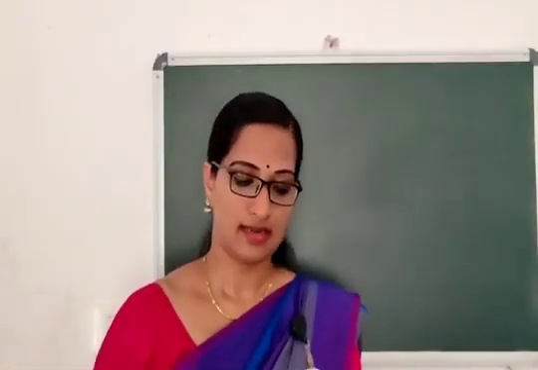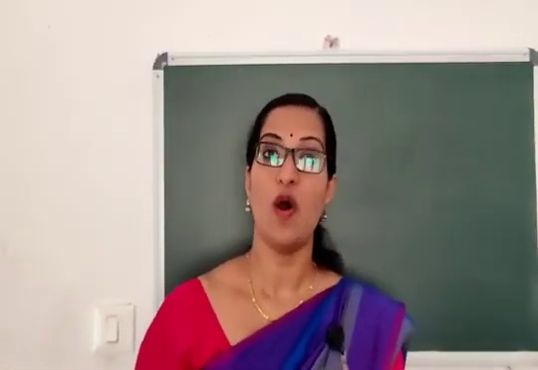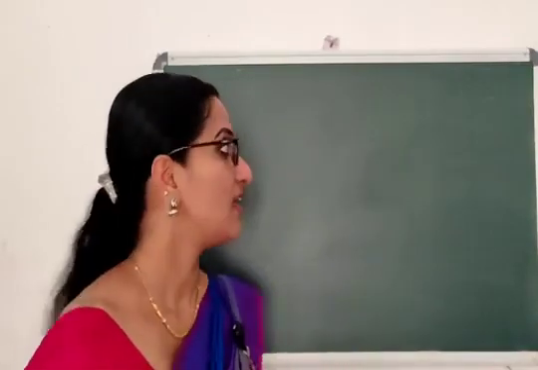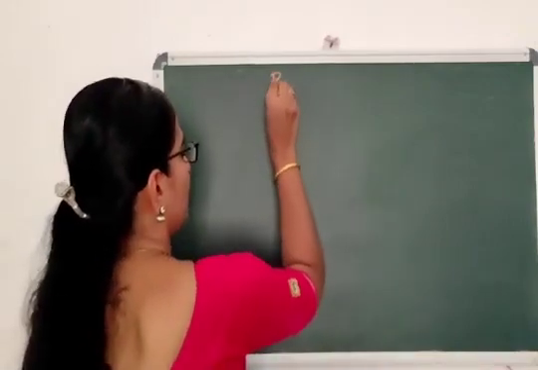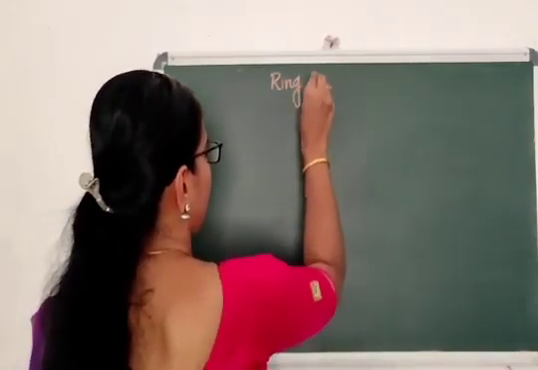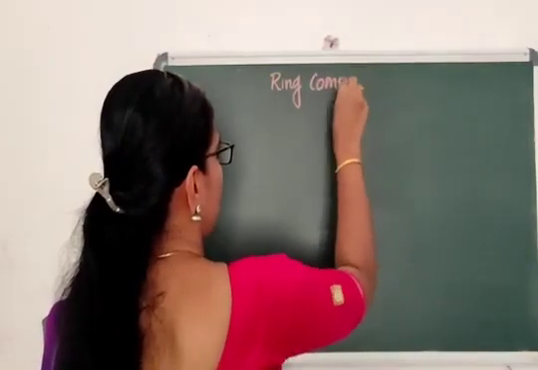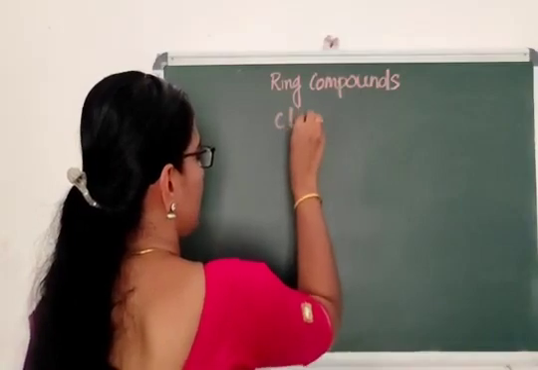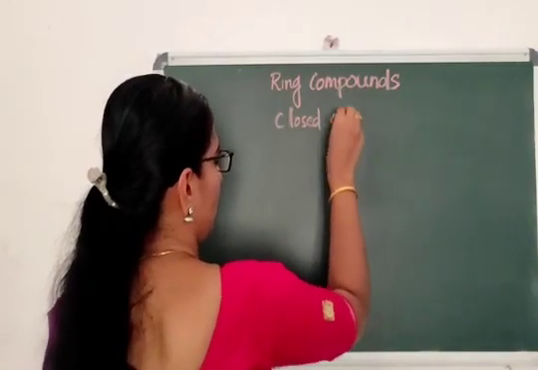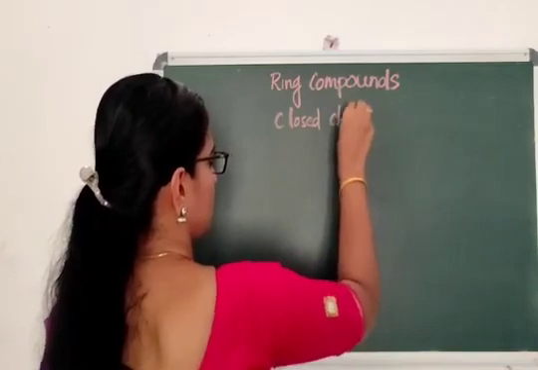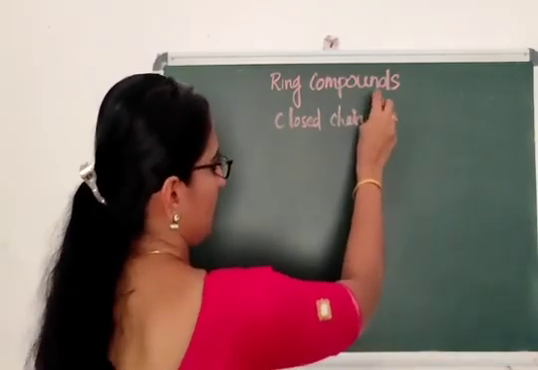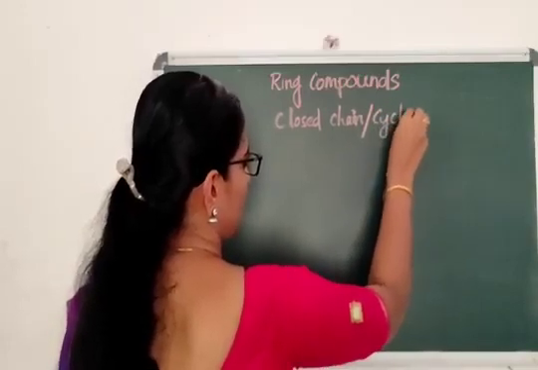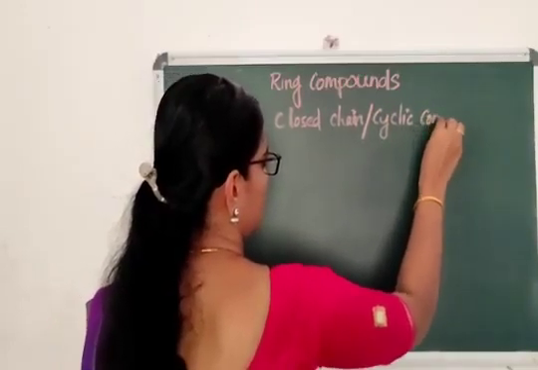Okay, students, till now we have discussed the open chain hydrocarbons, right? And now we are moving on to the ring hydrocarbons, or ring compounds, or closed chain compounds, or it can be called cyclic compounds.